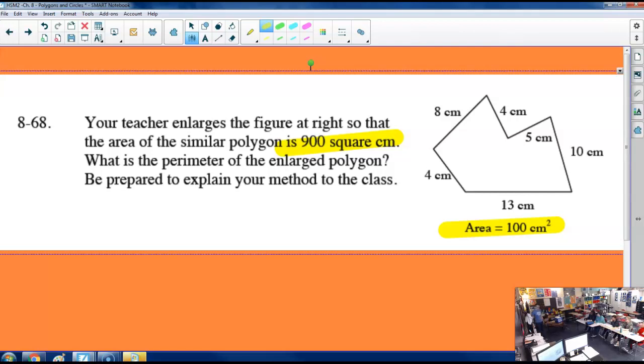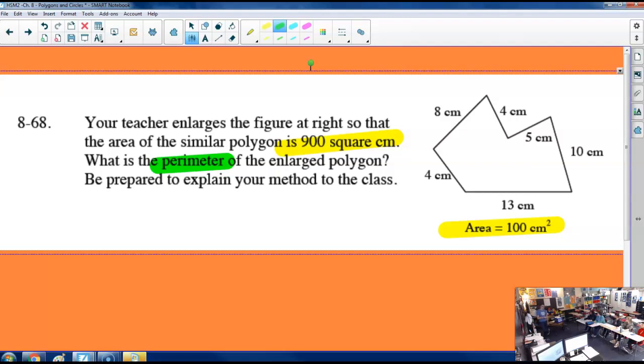Our area starts at 100, and it goes to 900. Man, this smells an awful lot like the problem we just did. You just pay attention to the hundreds place, 1 to 9. So what will happen to our perimeter scale factor? If our area scale factor is showing what it shows, what is our linear scale factor?